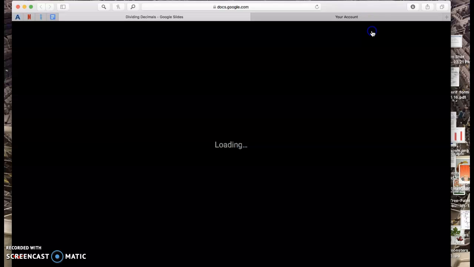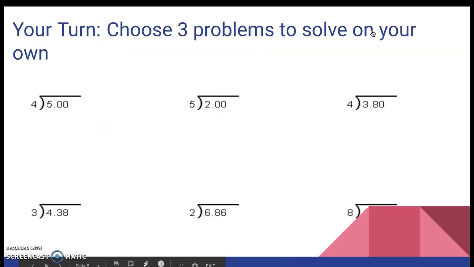So, with that being said, you are going to choose 3 of these problems. I know there's 6 up here, well, 5. The 6th one got cut off. It's not important. So, you are going to choose 3 of these problems to do on your own, by yourself. Take a few minutes. If you have questions during this time, you can ask me.